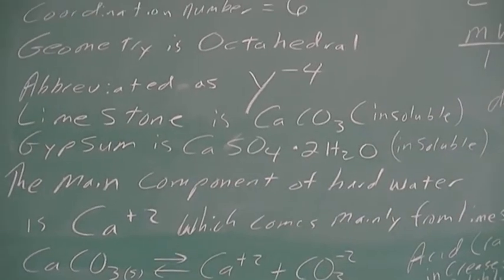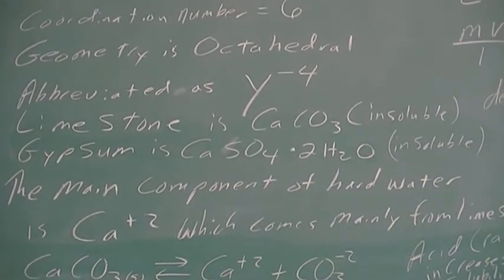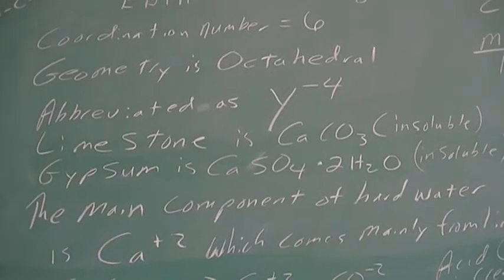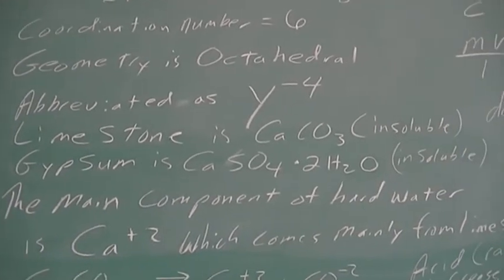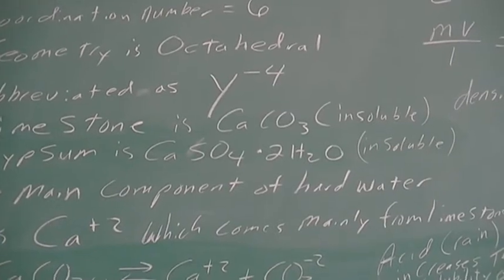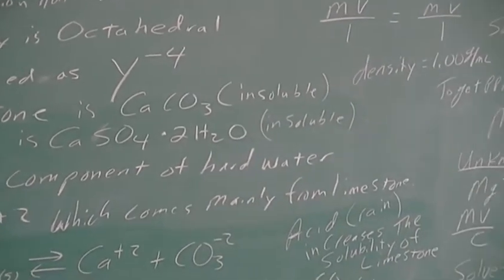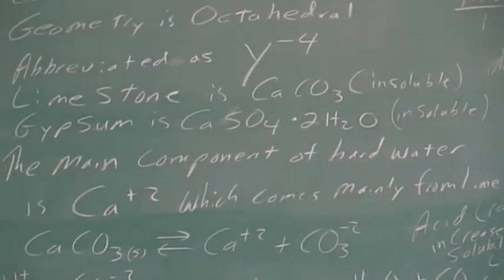But there are other components besides the calcium that we get from limestone, which is calcium carbonate. Also some calcium from gypsum, which is calcium sulfate dihydrate. Both of these are insoluble solids, if you have your solubility charts.